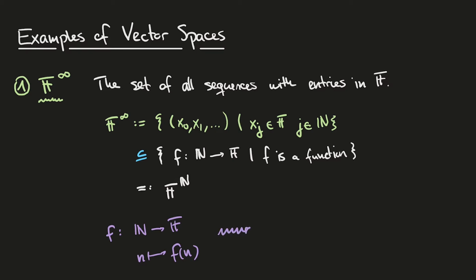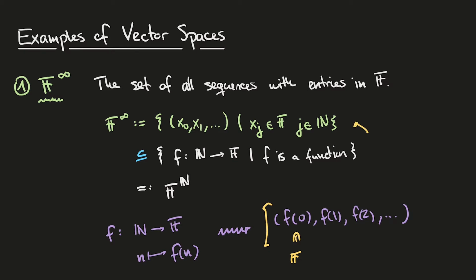We just set our sequence to be the sequence f of 0, f of 1, f of 2, and so on. And since our function goes from the natural numbers to our field f, each of the entries here is an element of our field. So indeed, this sequence that we've constructed lives up in this set here.